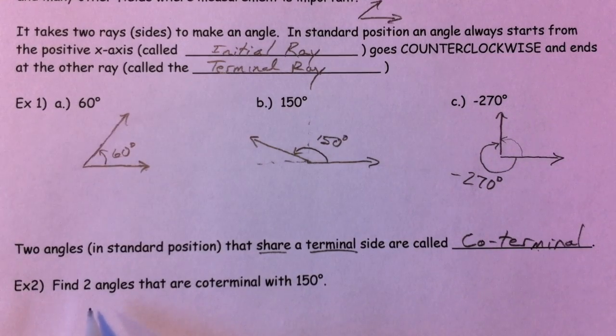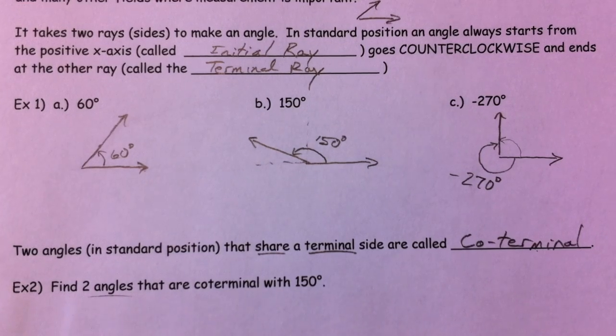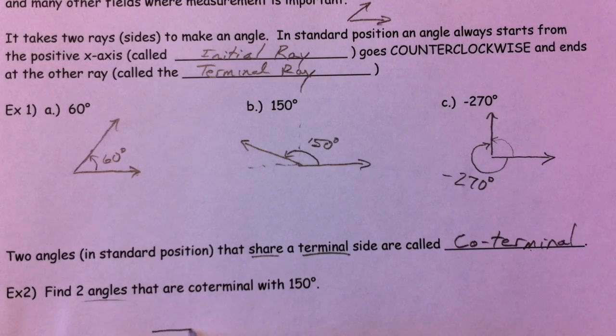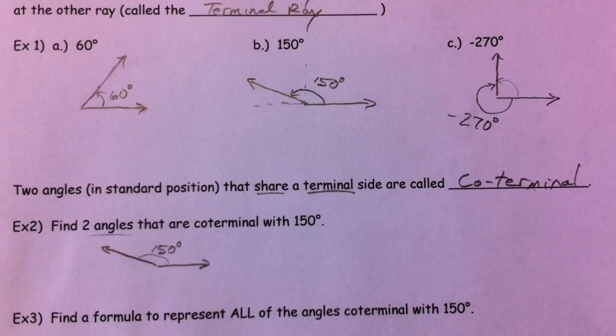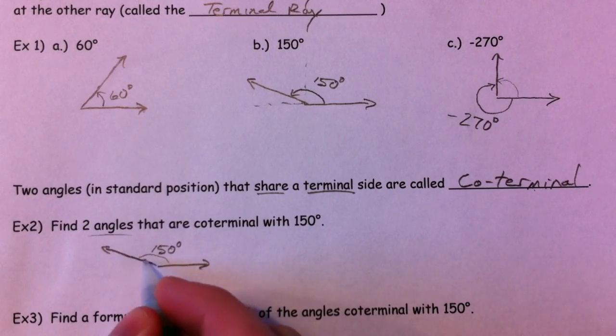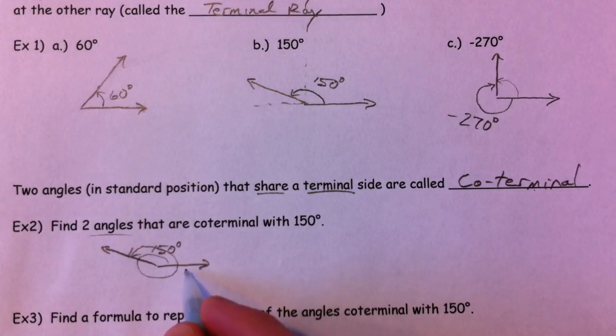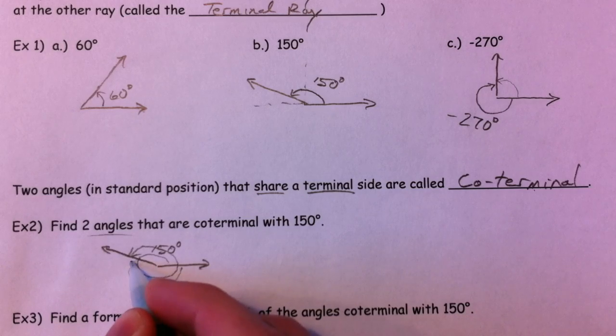So, if we are to find two angles that are coterminal with 150, let's draw our 150-degree angle again. If we go around one more time, you would be coterminal, just one more revolution. Or if you went around the opposite direction.